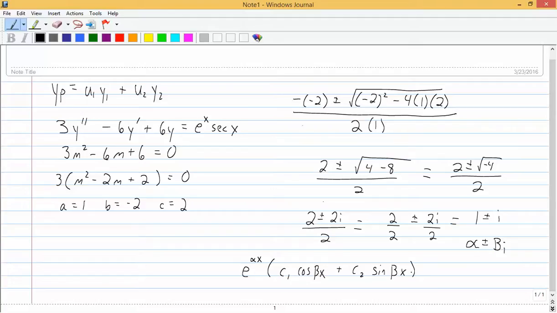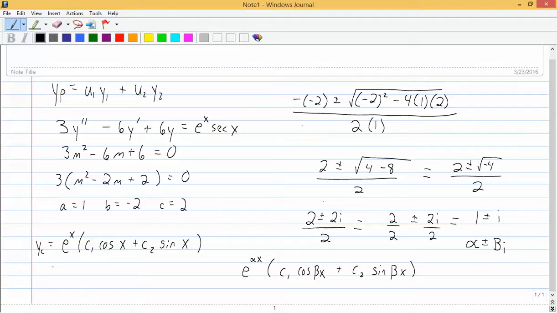So our complementary solution is going to be e to the, that's a 1 for alpha, so e to the 1x, times c sub 1 cosine of, well, beta is also a 1, so 1x, plus c sub 2 sine 1x. So there's the complementary solution.